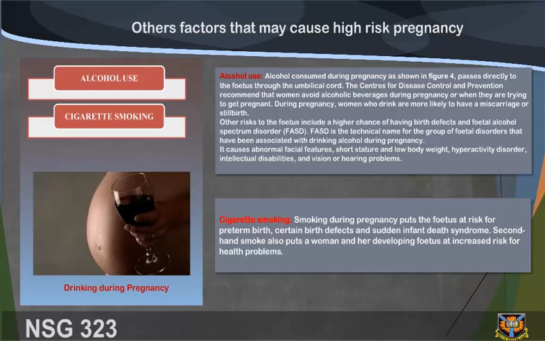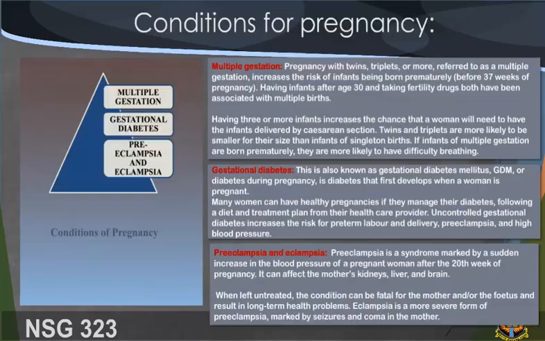Cigarette smoking. Smoking during pregnancy puts the fetus at risk for preterm birth, certain birth defects, and sudden infant death syndrome. Secondhand smoke also puts a woman and a developing fetus at increased risk for health problems.